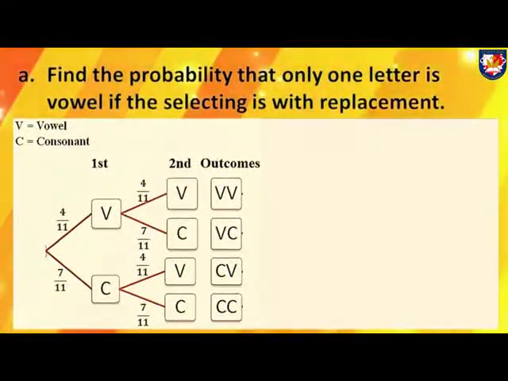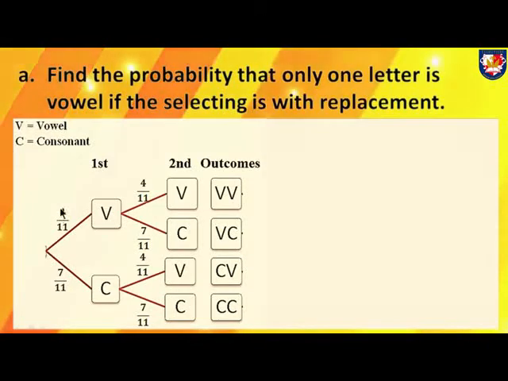So, the probability that only one letter is a vowel if the selecting is with replacement. As you know, in the word mathematics there are 4 vowels and 7 consonants. So the probability that the first letter selected is a vowel is 4 per 11, and the probability that the first letter selected is a consonant is 7 per 11. Whether you got a vowel or consonant, you return it back, you replace it.